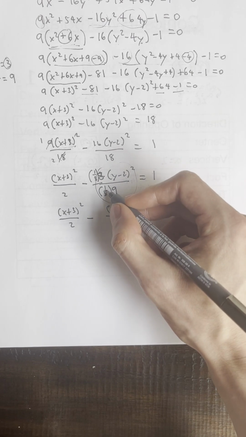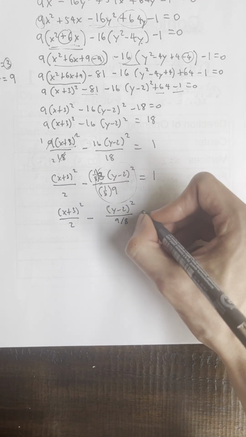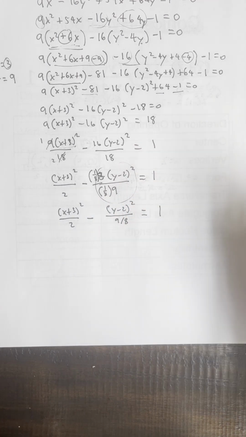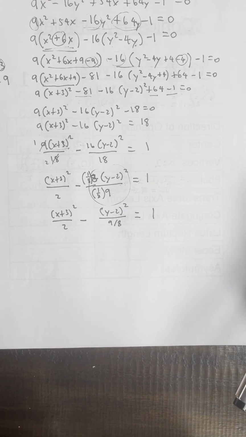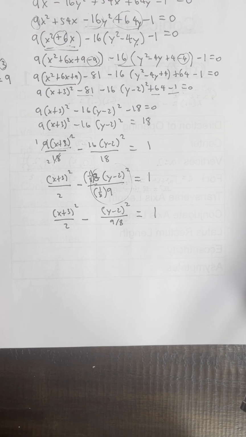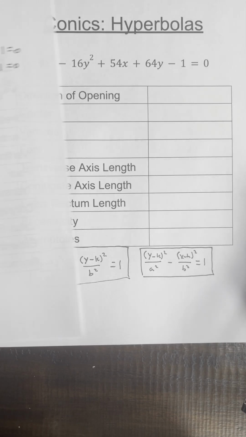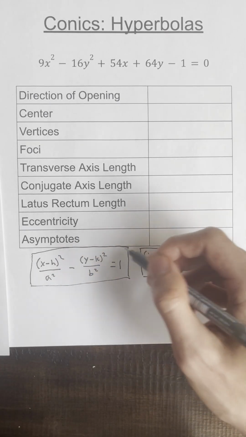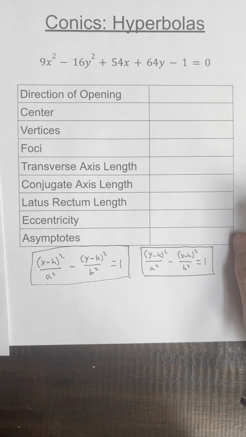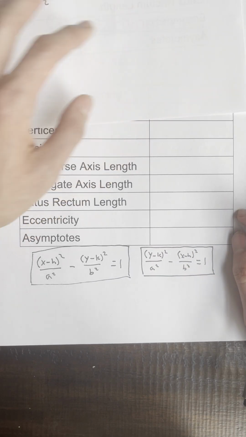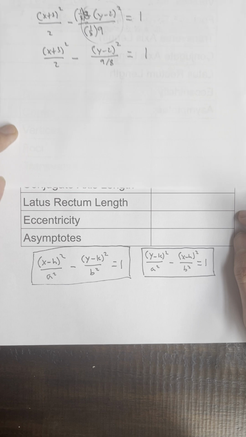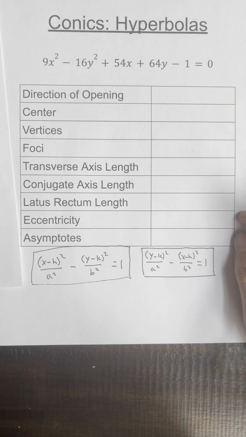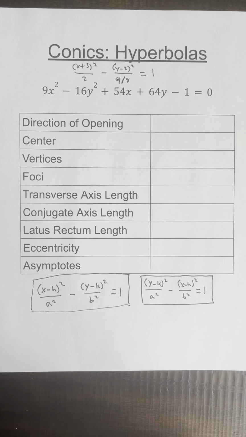Yeah, this turns into 9 over 8. Okay. So we finally converted it into standard form. Now it looks like this. All right. So I'm going to copy it real quick.